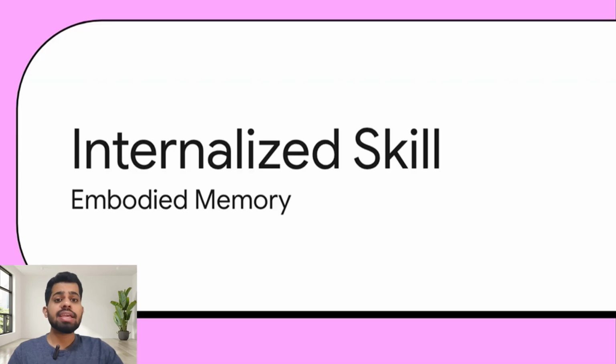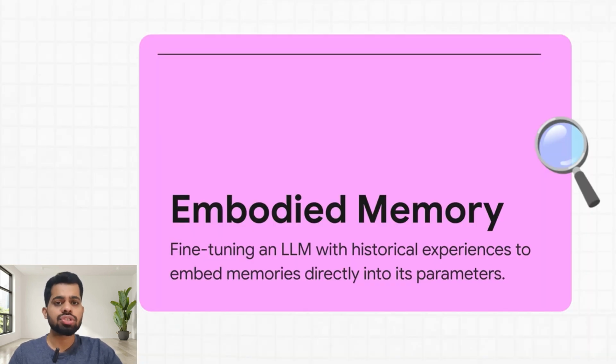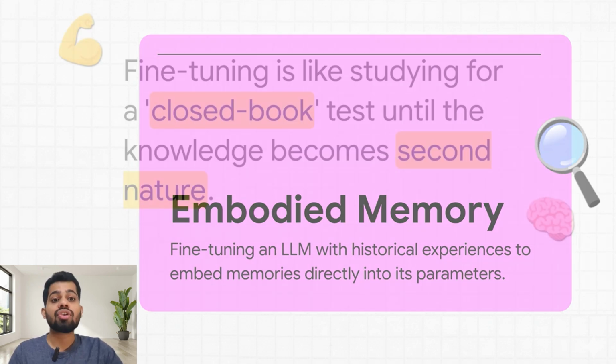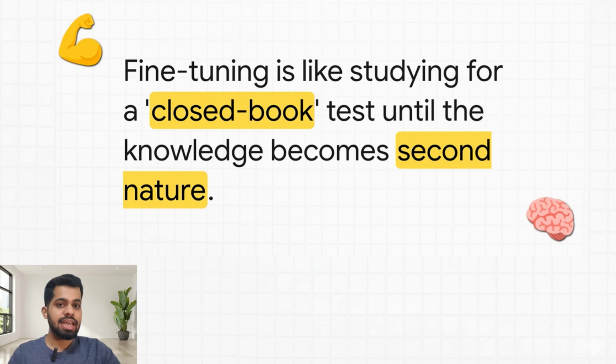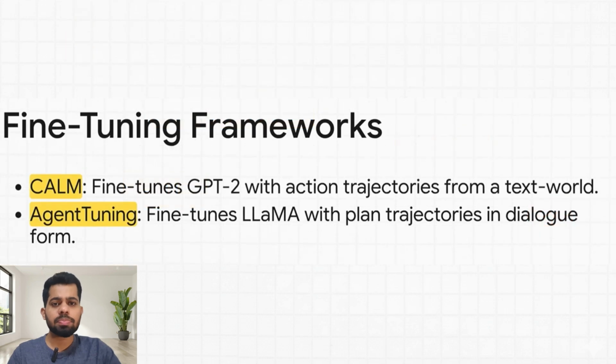The other way is more like developing muscle memory. This method is called embedded memory, and it doesn't use any external library at all. Instead, it takes past experience and uses it to retrain or fine-tune the LLM itself. This gives it a massive capacity to remember things instinctively. We are seeing this practice with frameworks like CAM or AgentTuning.